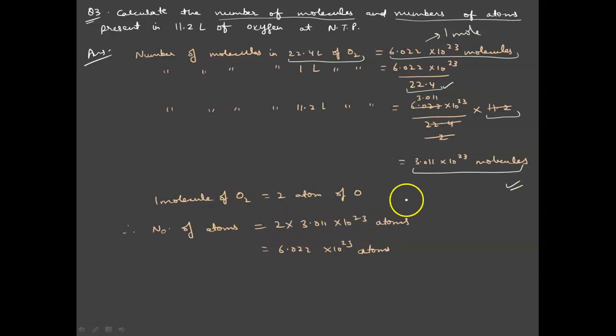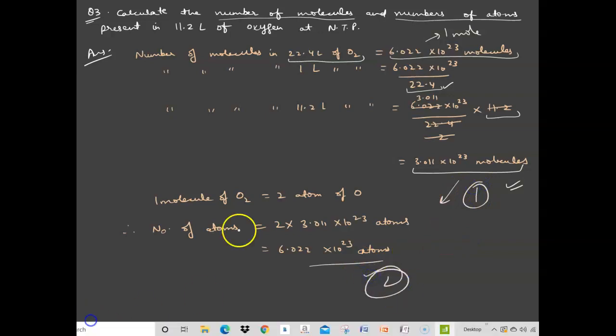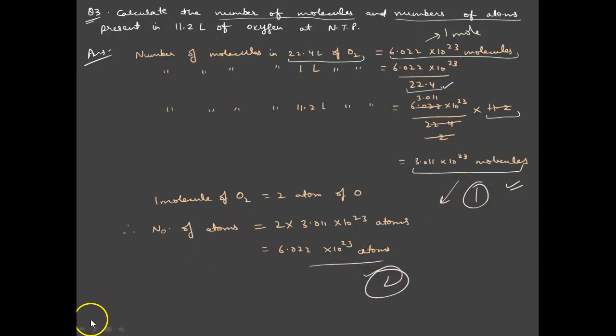So 2 into 3.011 into 10 to the power 23 gives 6.022 into 10 to the power 23 atoms. This is the final answer. So we have answer 1 and answer 2, the number of molecules as well as the number of atoms.